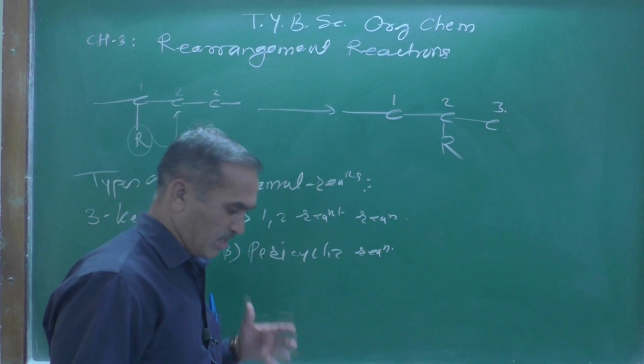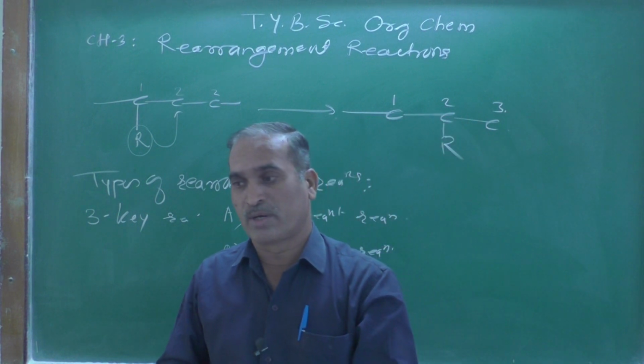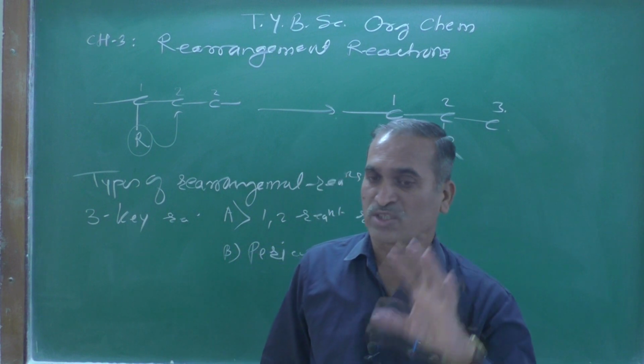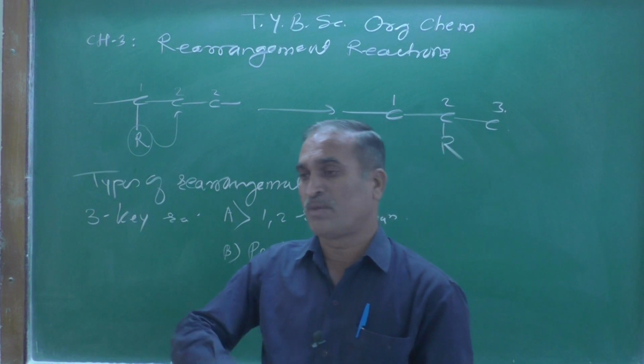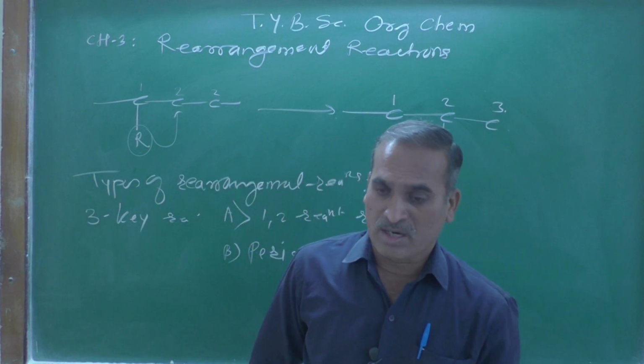Since the movement of electrons is cyclic in manner, it is called a pericyclic reaction. These reactions occur at room temperature under thermal conditions, and some take place under photochemical conditions, meaning under sunlight.